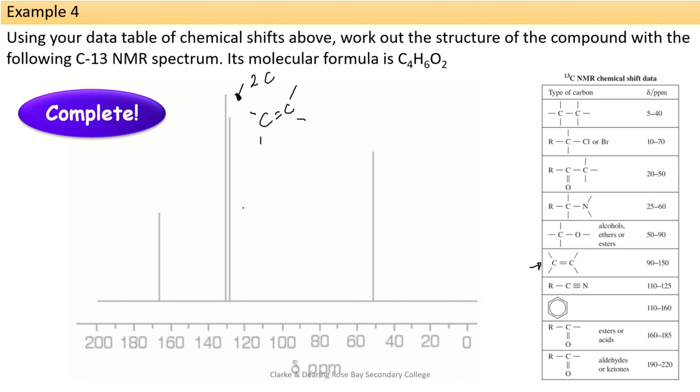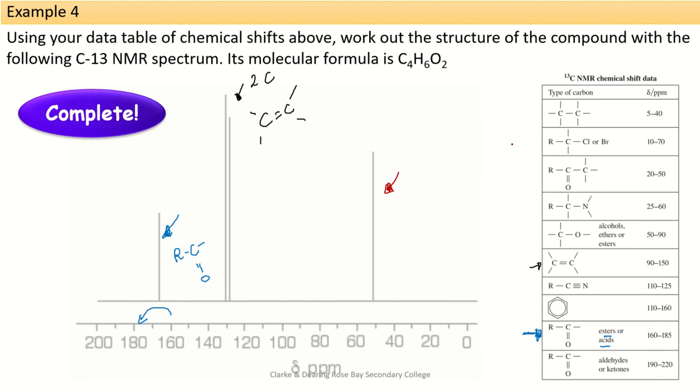Next one we can have a look at is this peak here. So that's between 160 to 180. So the only one that really matches is this one here. So it represents we either have an ester here or an alcohol group. So we have R, C, that. And then the last one we have here, do in red, it's from 40 to 60.